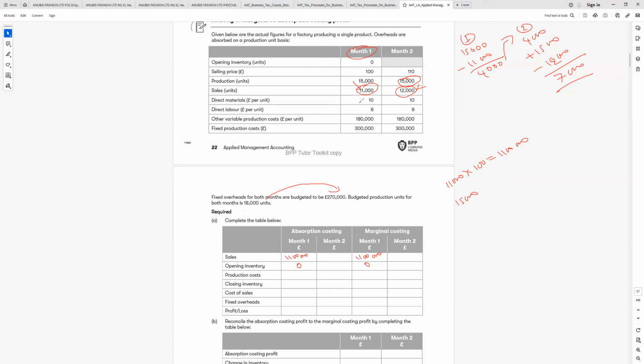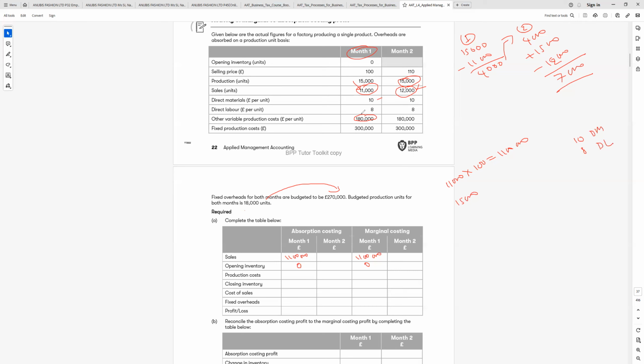So we have a direct material 10. Then we have a 8 direct labor, and we have a variable overhead. They said variable overhead is 180,000 for how many unit? For 15,000 unit.